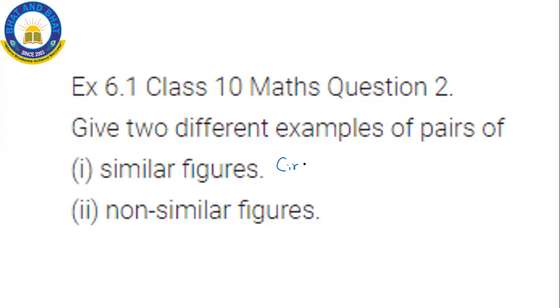Two different examples of pairs of similar figures. They asked about two different similar figures, right? That means a pair of equilateral triangles of different lengths, a pair of two rectangles of different lengths, etc.